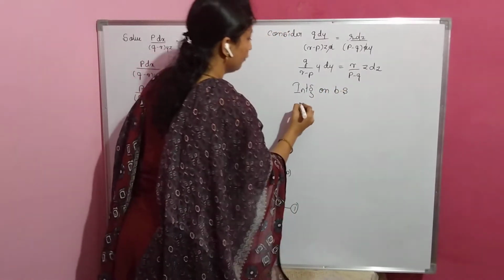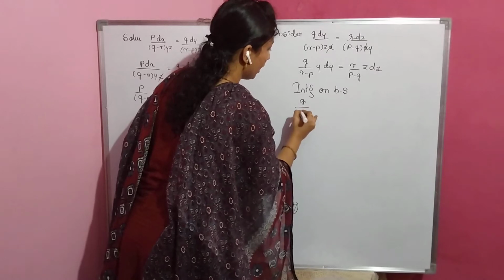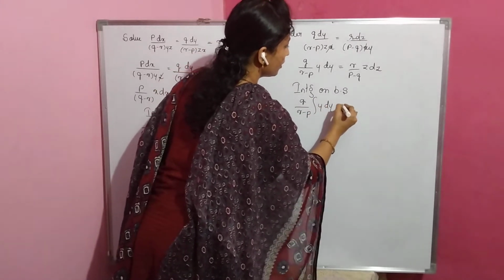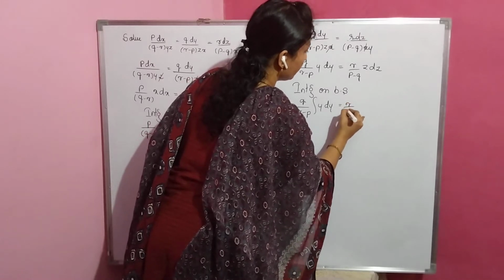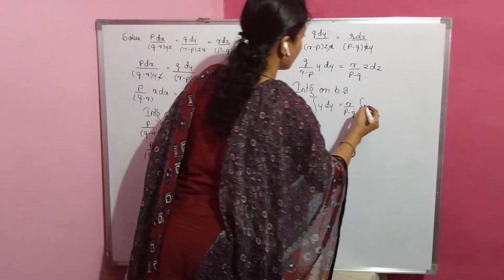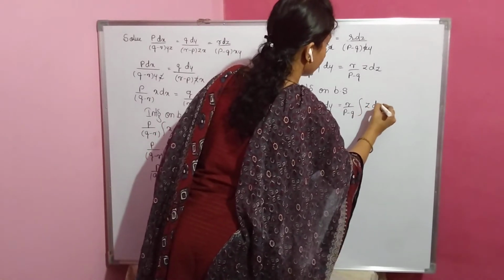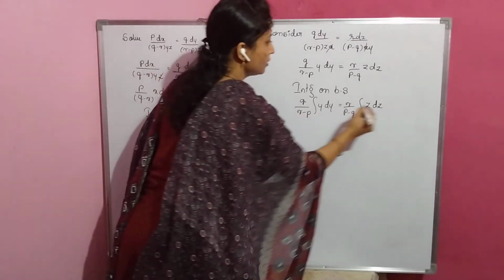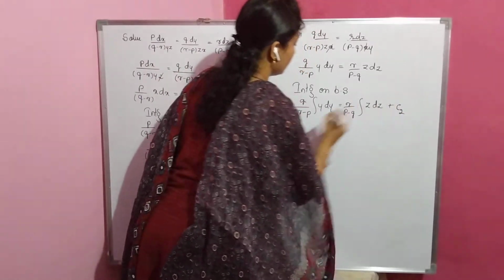Integrating on both the sides, we have q divided by (r minus p) integration y with respect to y is equal to r divided by (p minus q) integration z with respect to z, plus integral constant c2.